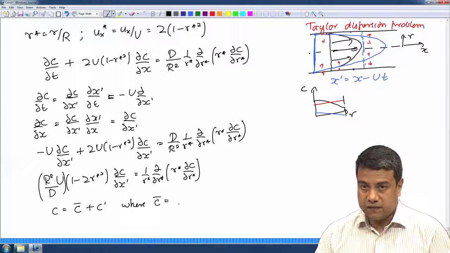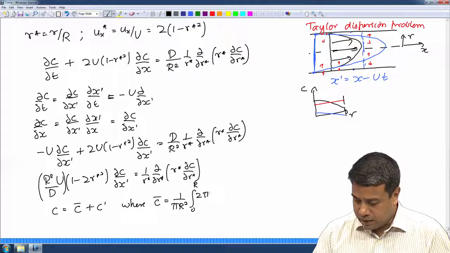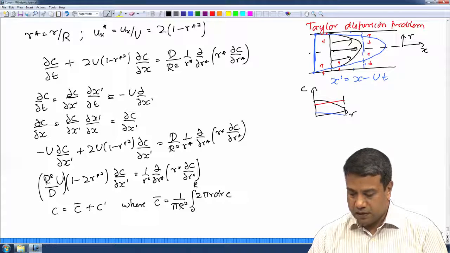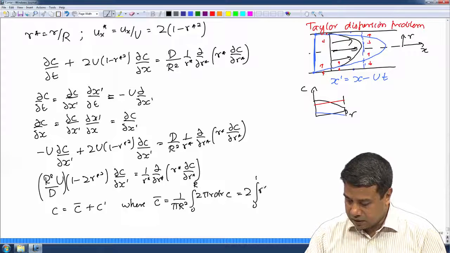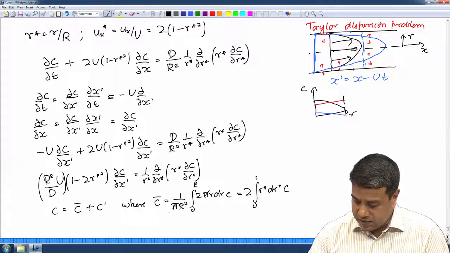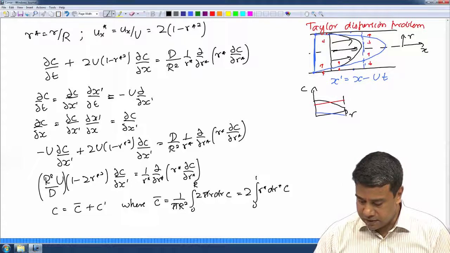We had just defined the average concentration, 1 by pi r square integral 0 to r, 2 pi r dr times C. Or if I express it in terms of the scaled radius, this can also be written as 2 integral 0 to 1, r star dr star times C, where this factor of 2 emerges because I cancel out the pi here and the area element has a 2 pi in it. So, this is the average concentration.